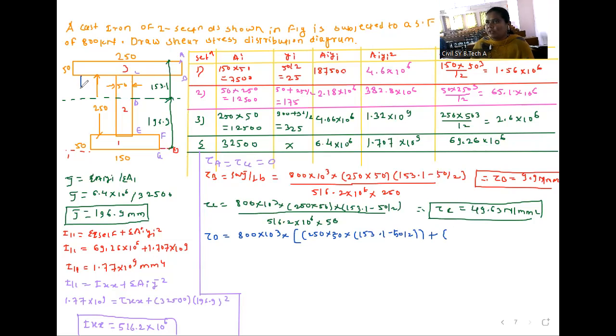So this depth is how much? 153.1 minus 50, so 103.1. 50 into 103.1 into 103.1 divided by 2, then divided by the moment of inertia, 516.2 into 10 raised to 6 into width, which is 50.